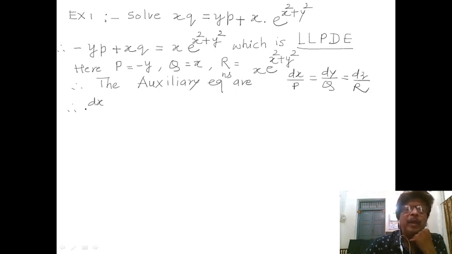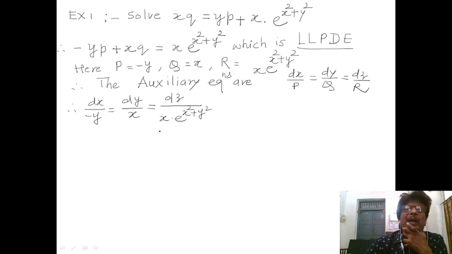Dx upon P is minus y, dy upon x, and dz upon x into e to the power x square plus y square. Now as this is an example of method of grouping, we observe that in the first pair of equations, dx upon minus y and dy upon x, z is absent.